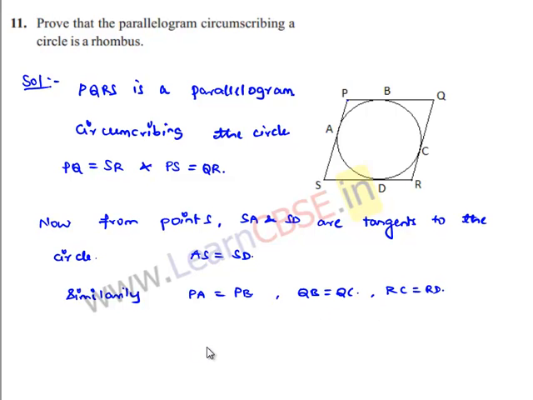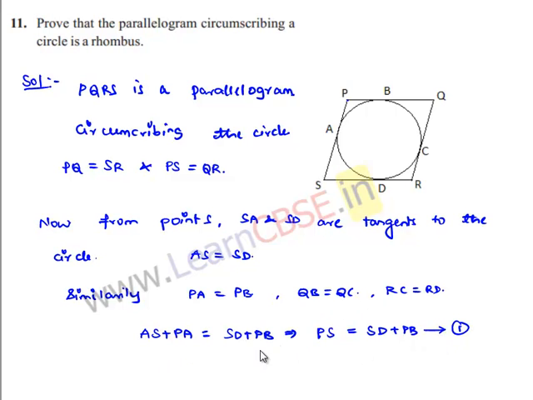So now, let us add the first two equations, then we get AS plus PA is equal to SD plus PB, which implies from the figure AS plus AP is equal to PS, which is equal to SD plus PB. Name it as equation number 1.